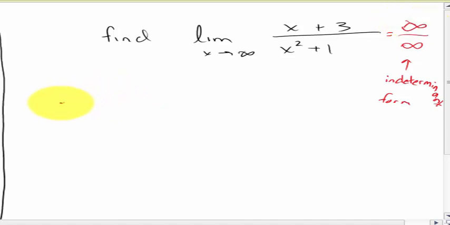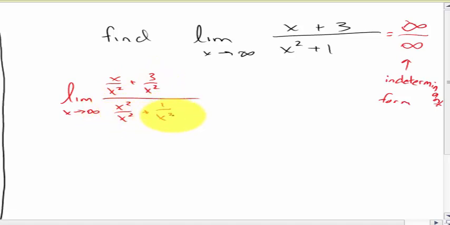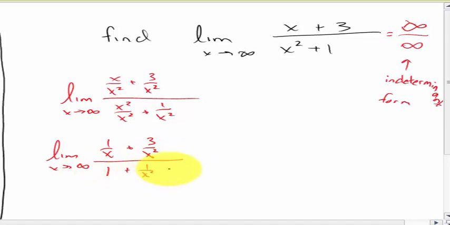So we have a strategy for this, and I think I've mentioned it in one of my other videos: we're going to divide all of the terms by the highest power of x, and in this function, that highest power is x squared. Now to simplify, 1 over x plus 3 over x squared, over 1 plus 1 over x squared.